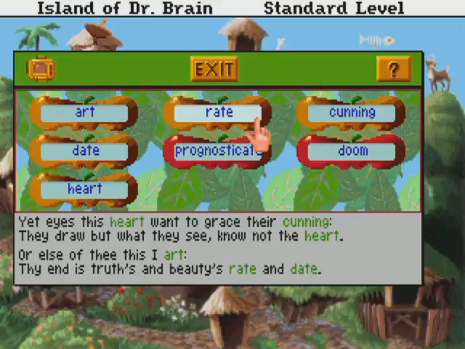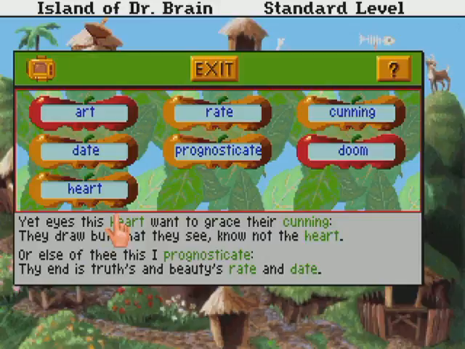Ja. So it's in presage, prognosticate, I guess. I suppose I could look that up. Prognostication.